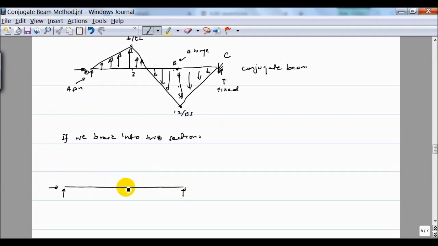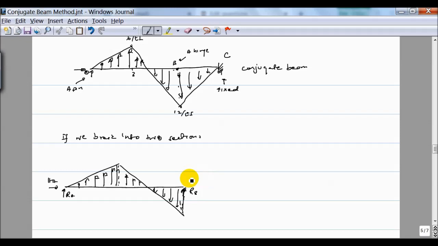So this is my load acting on that section. Here we have RA, HA, and here RB.